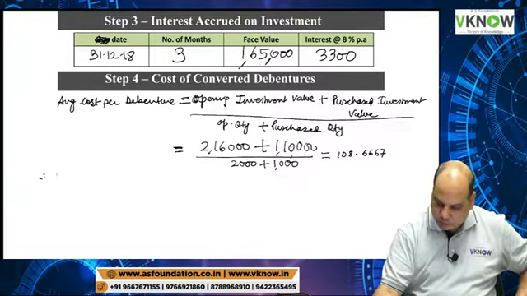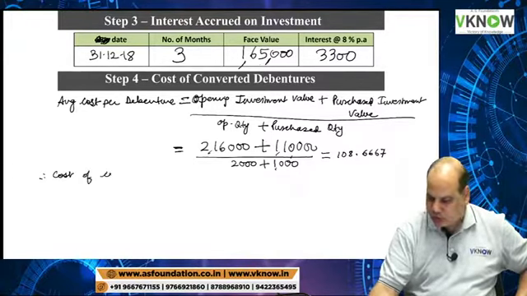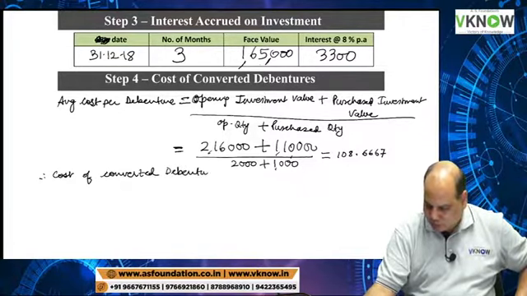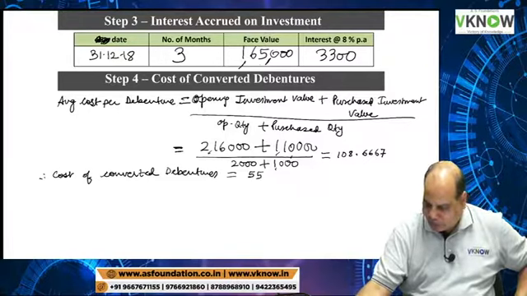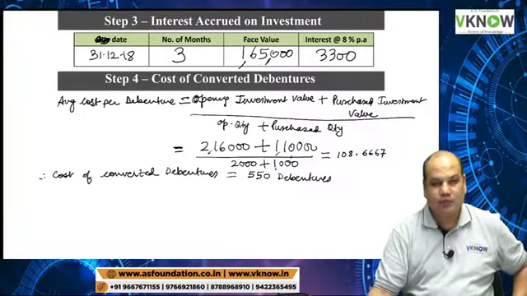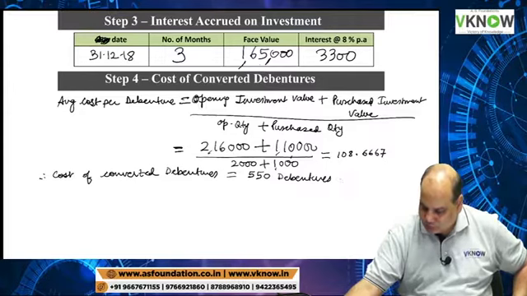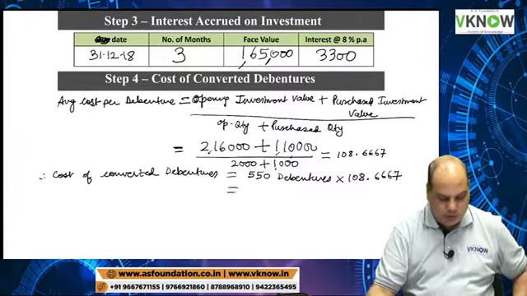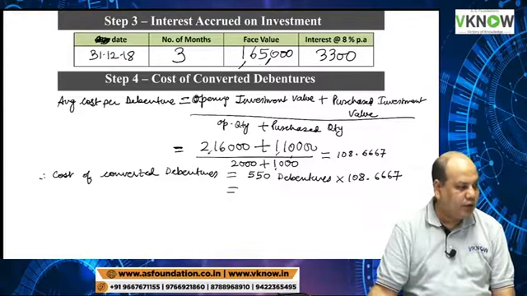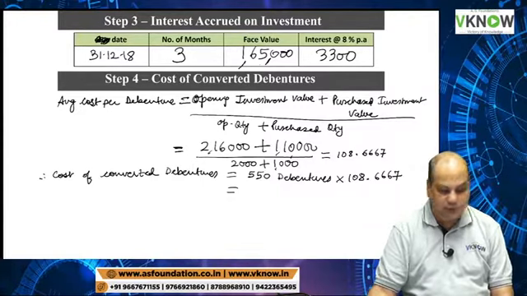Therefore, cost of converted debentures: 550 debentures were converted, multiplied by 108.6667. 550 into 108.6667.